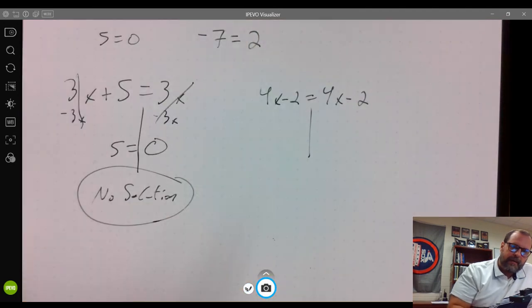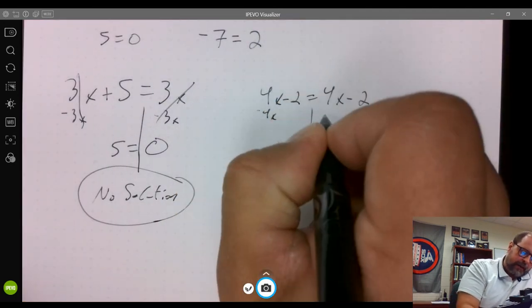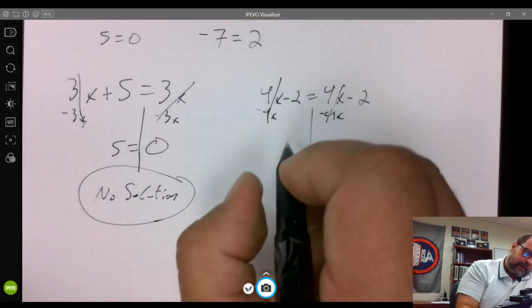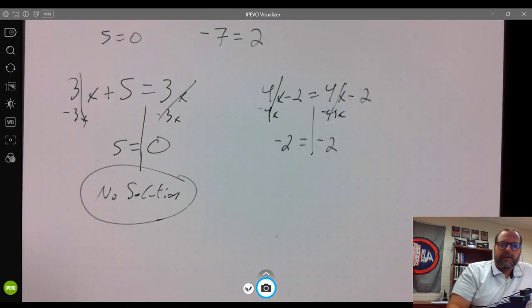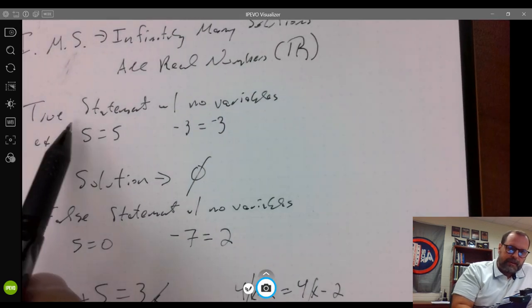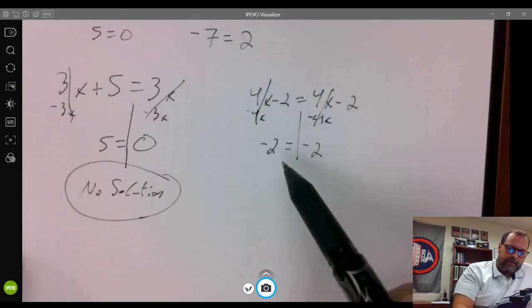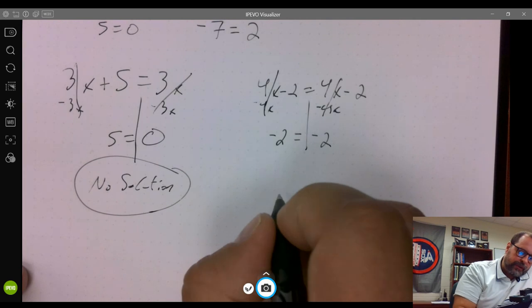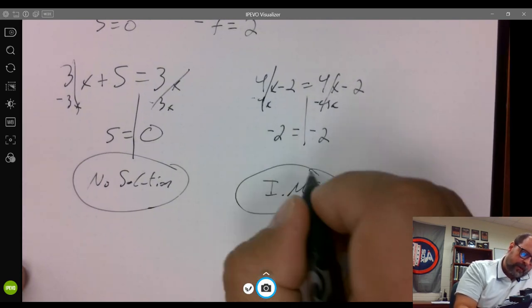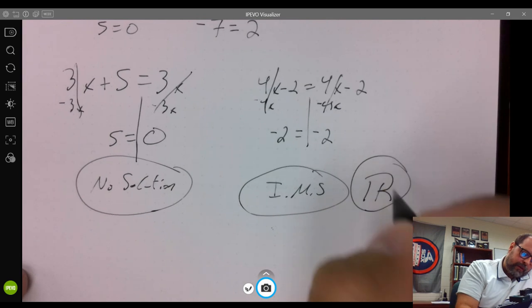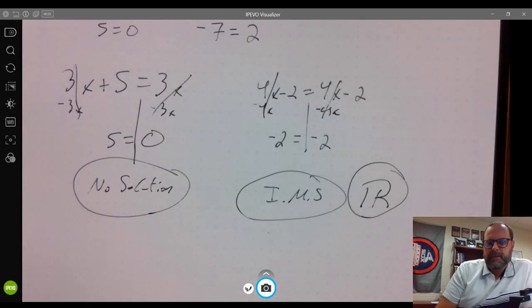Same thing over here. I move the smaller variable, which is 4x. Well, I have negative 2 left here and negative 2 left here. Okay, that is a true statement with no variables left. So because it's a true statement, you could write infinitely many solutions. You could write the all real numbers symbol as well.